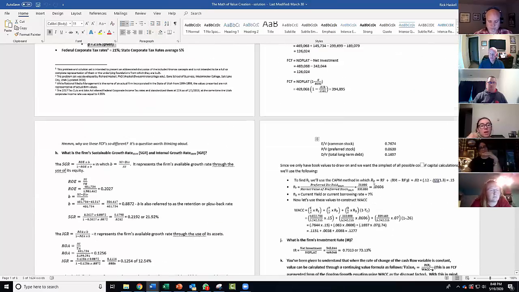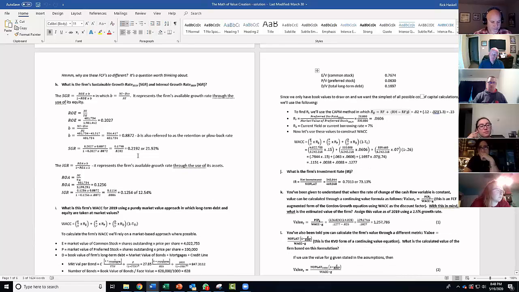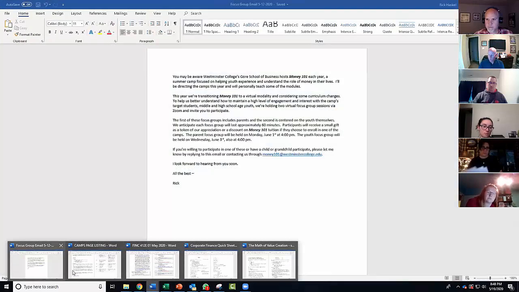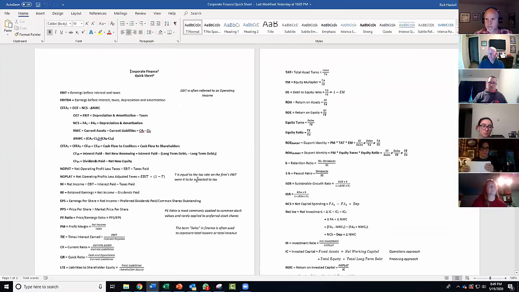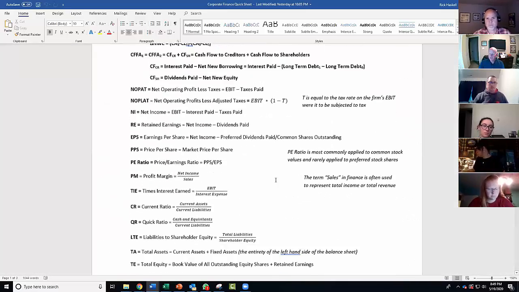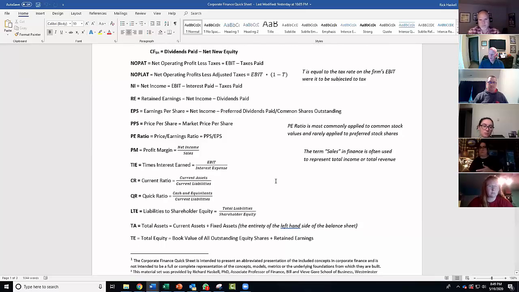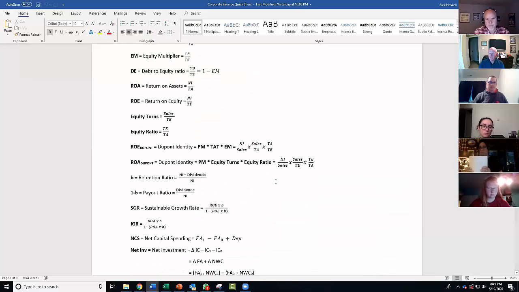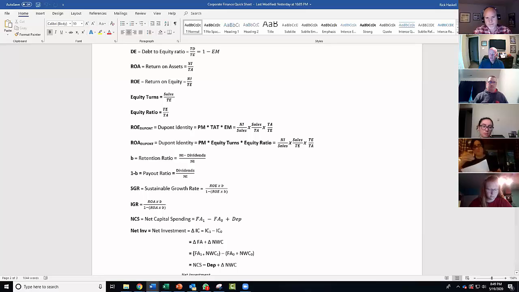Here, it's question H. And here you'll see in my solutions that I've given you all of the quantitative solution, but in my corporate finance worksheet, which I showed you last week and which I sent you by WhatsApp last week, you'll see that we have the elements of the IGR and the SGR right here, okay?